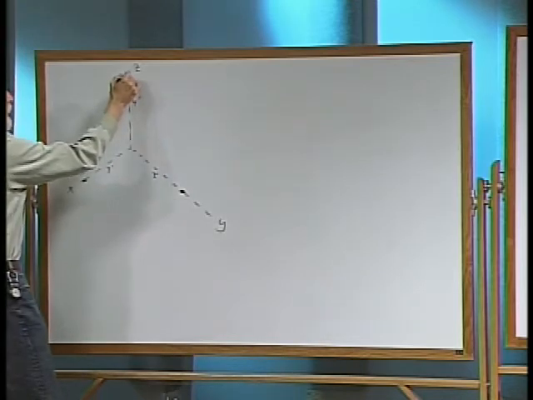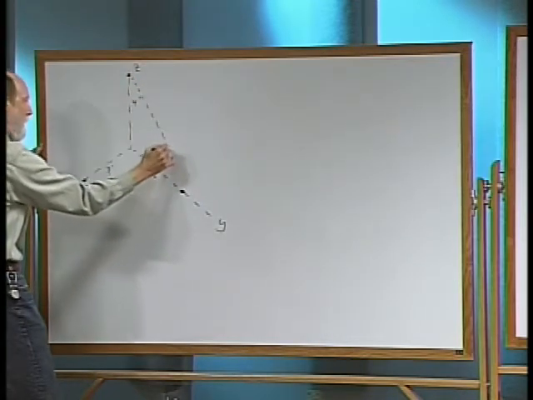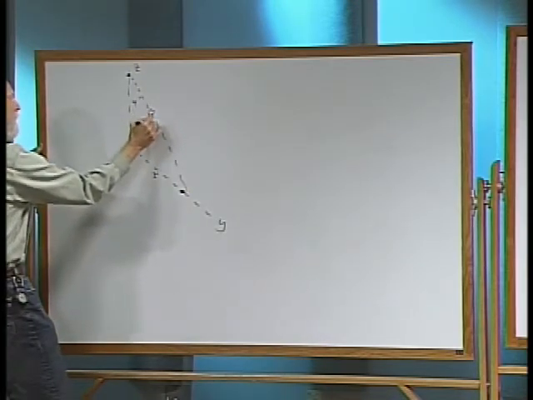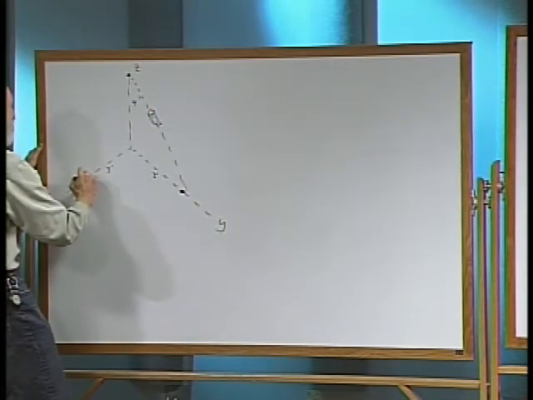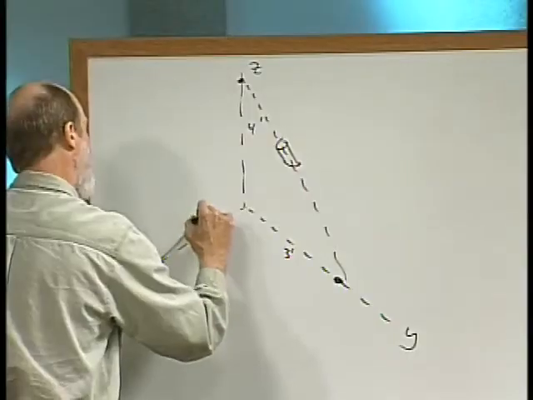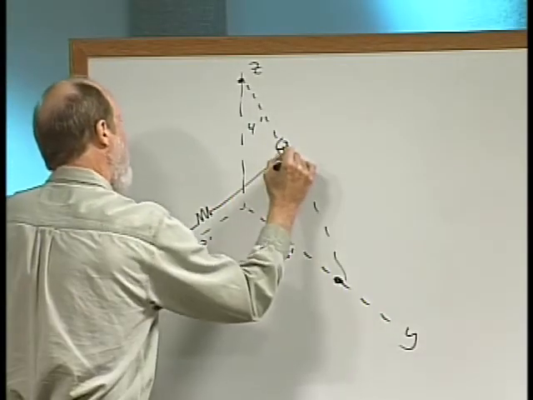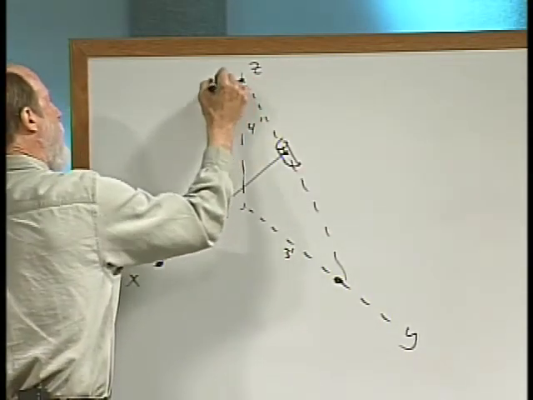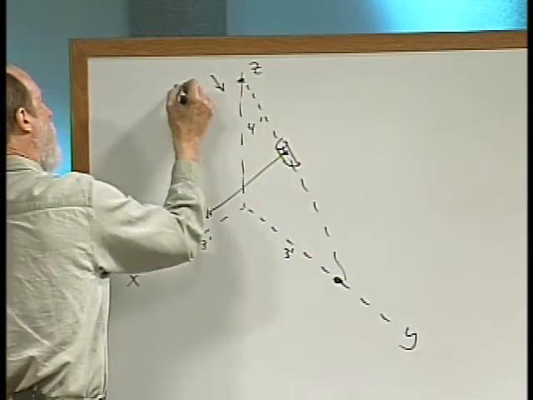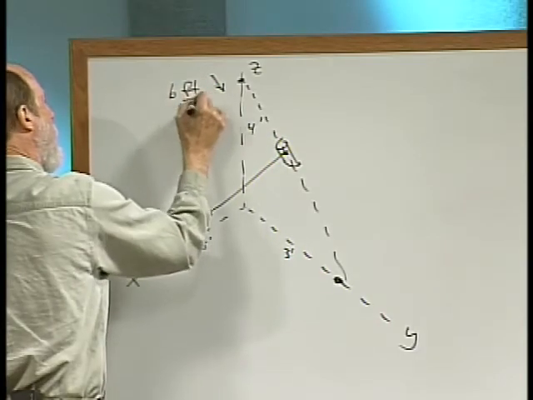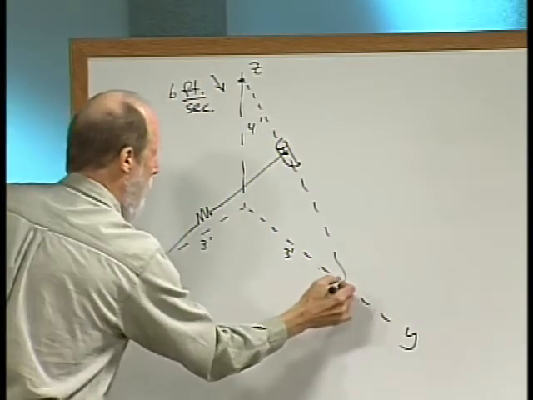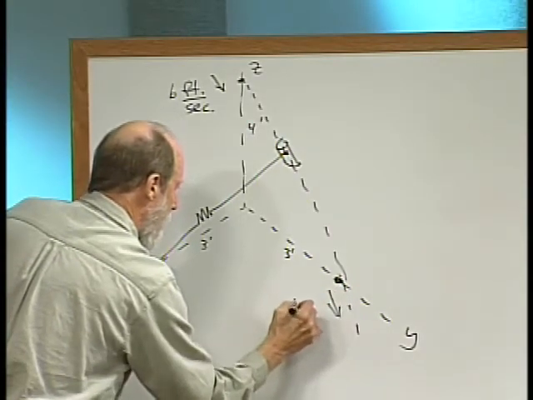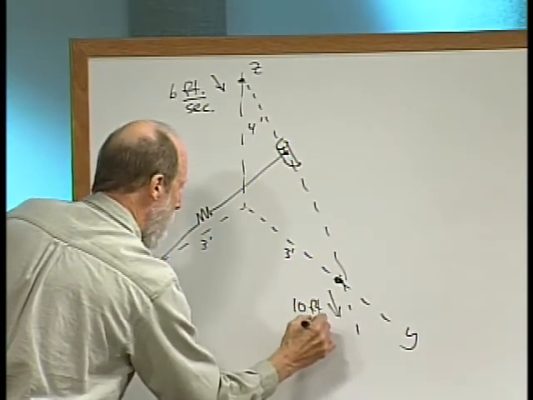And so our rod comes down along here, and then the spring is attached to this collar. And the object was moving from this location, initially had a speed of 6 feet per second, and ends up down here traveling at 10 feet per second.